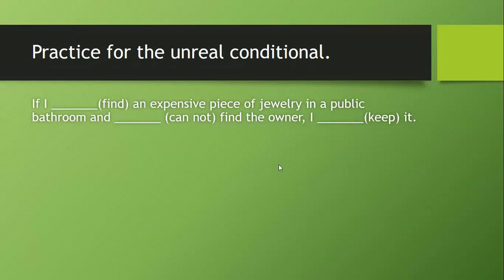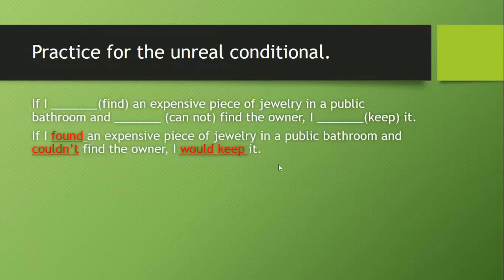Then it will be, if I found an expensive piece of jewelry in a public bathroom and I could not find the owner, I would keep it, right? Here you see we have the verb in past. If I found an expensive piece of jewelry in a public bathroom and I couldn't find the owner, I would keep it. Would you do it? Would you return it, or would you keep it?